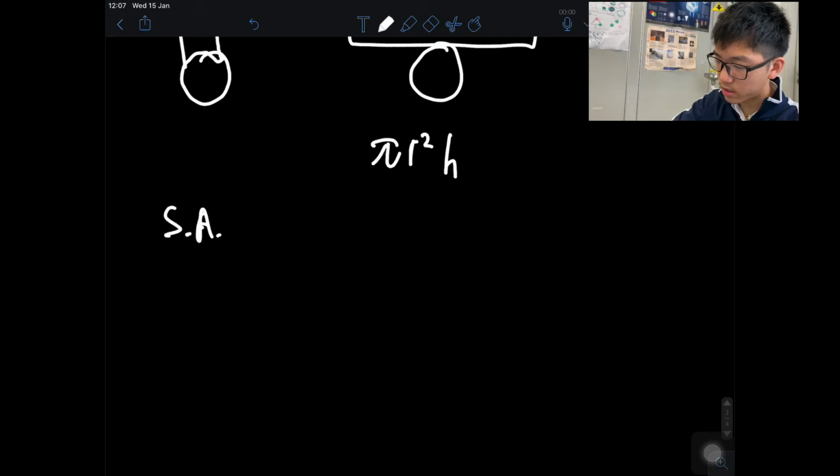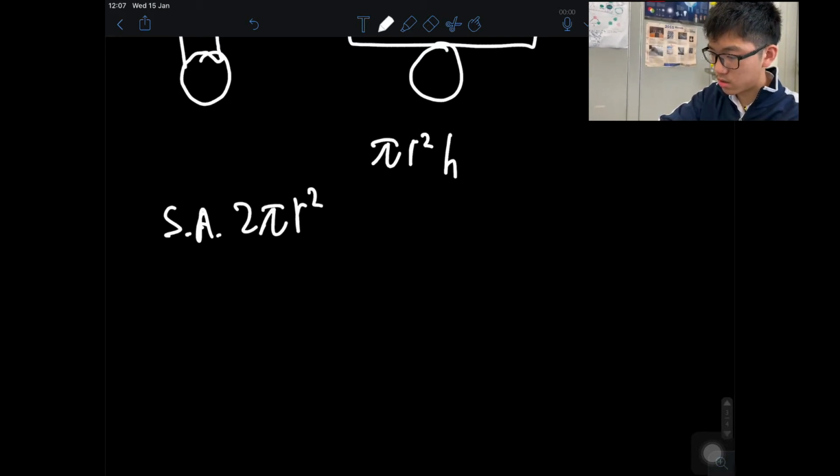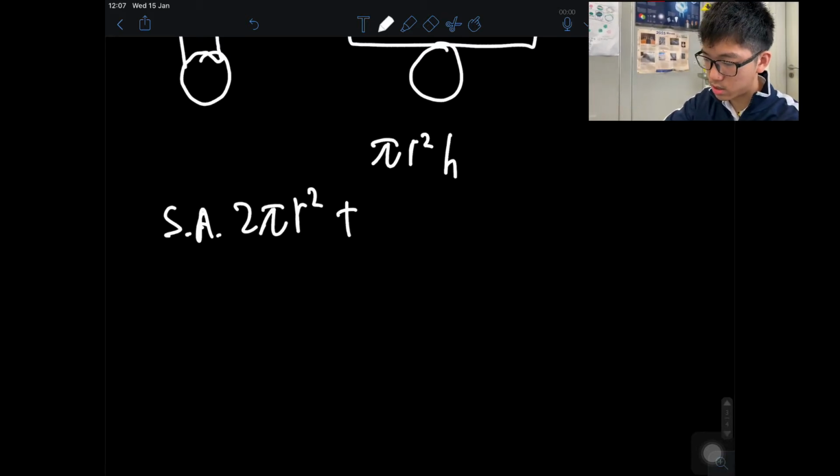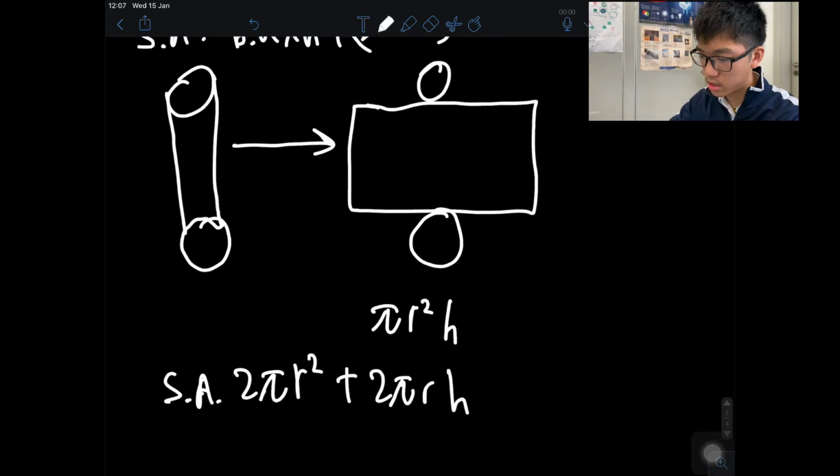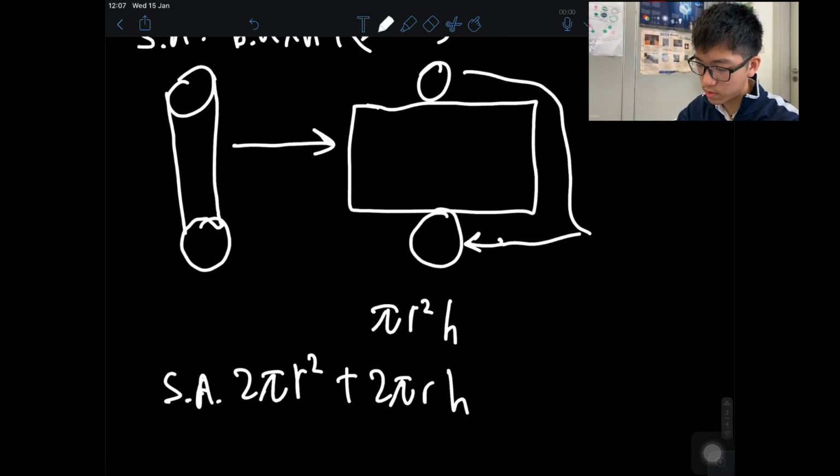In terms of the surface area, we have 2 pi r squared, but we're also going to add 2 pi r times the height. This, of course, is because we have 2 circles here, which need to be accounted for in the surface area.